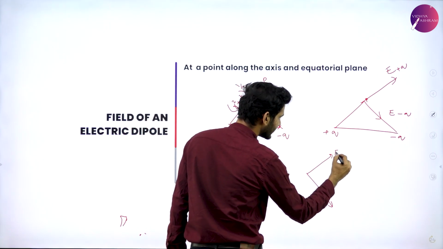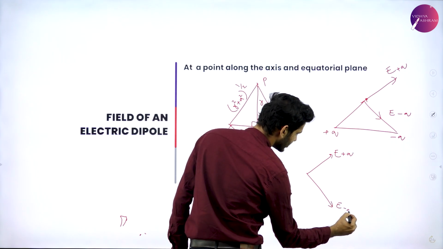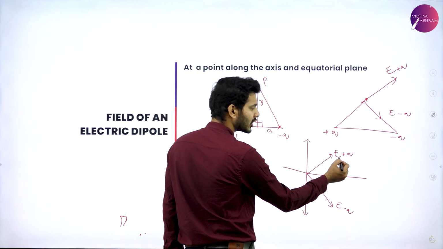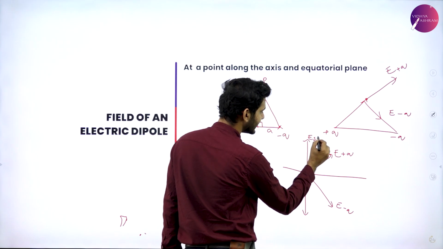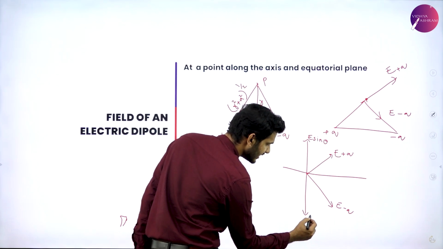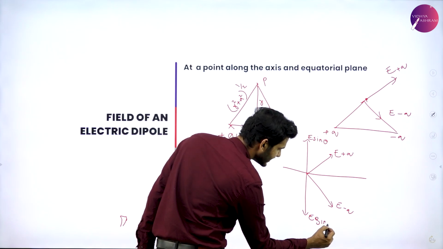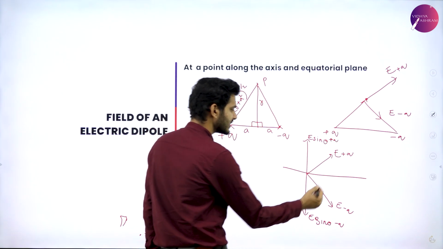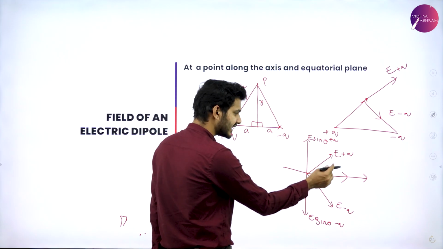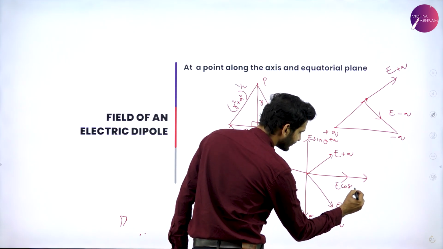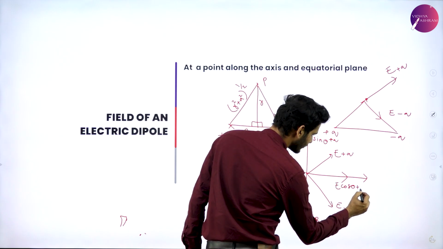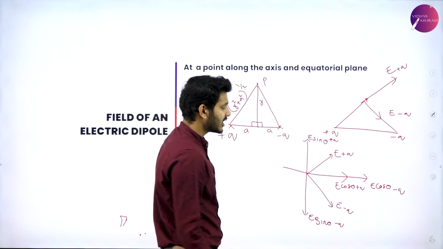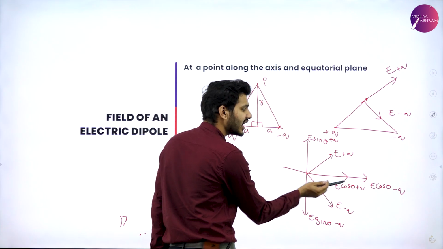This is due to plus Q and this is due to minus Q. This is the Y axis, and along the Y axis, due to plus Q, it will be E sin theta, and here it will be E sin theta due to negative Q. And the cos components will be along this diagonal, that is E cos theta due to positive Q and E cos theta due to negative Q. So we can clearly see that the directions are the same.